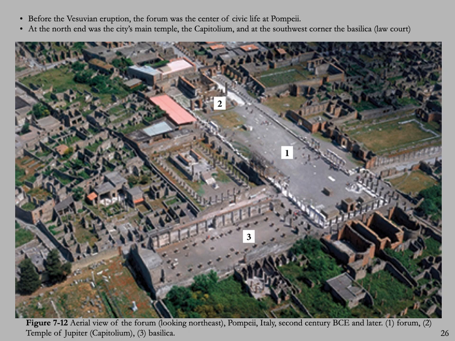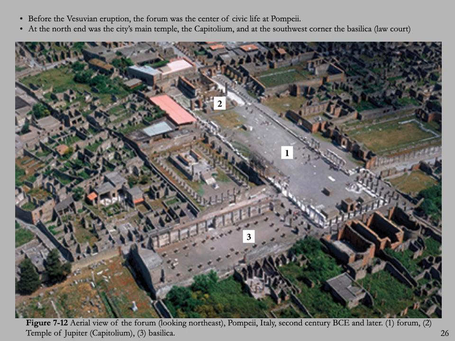So what we're looking at here is an overview of the Forum of Pompeii. The Forum is the center, both political, religious, and most often physical center of a town. If we go here to number 2, the far number there, that is the temple of the god Jupiter, also known as the Capitolium.